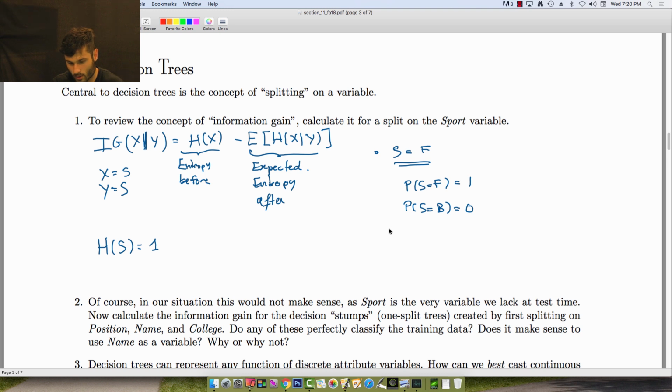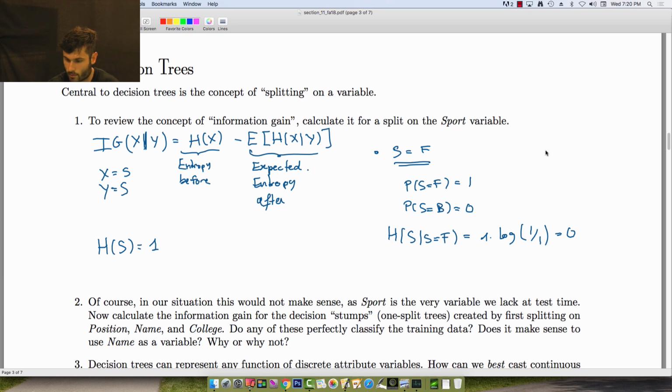So the entropy of the variable sport, given sport is equal to football, is 1 times log of 1 over 1, and this is equal to 0.